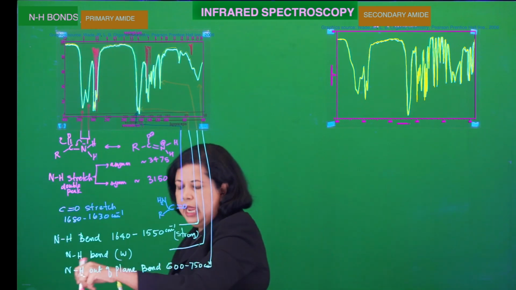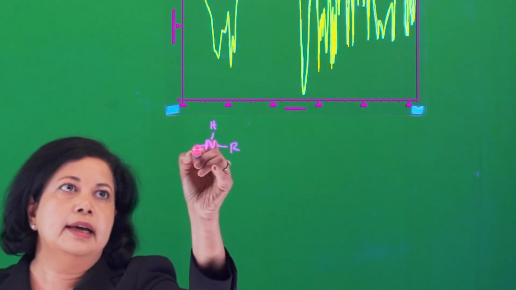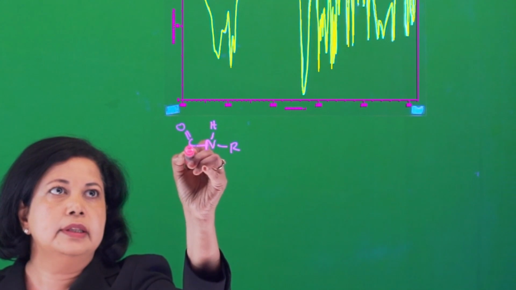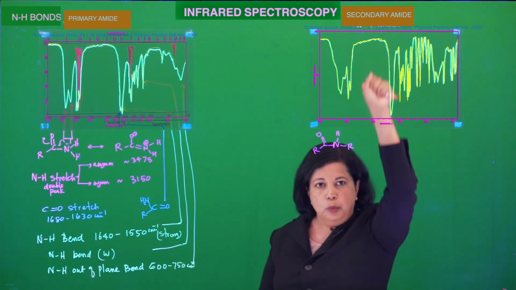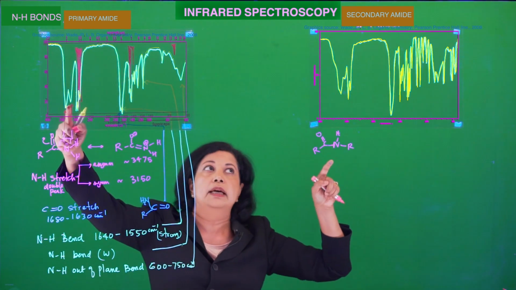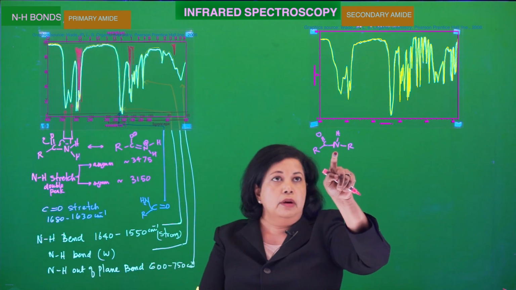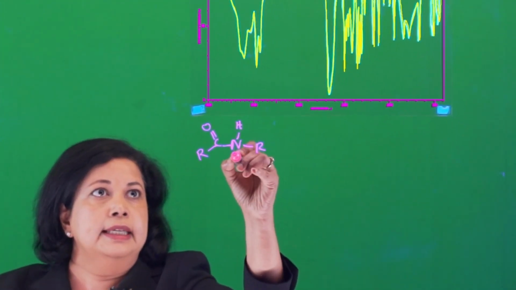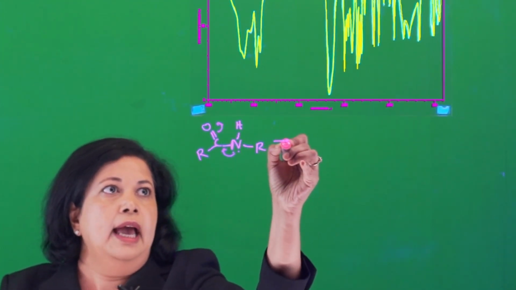We know secondary amides are only going to have one NH. They'll have an R group on this side, and they'll have a carbonyl with another R group on this side. So you only have one NH stretch, and you only see one peak. You don't see a double peak. But again, this is also going to be pretty intense. Amides, as we said, have a lot of resonance.